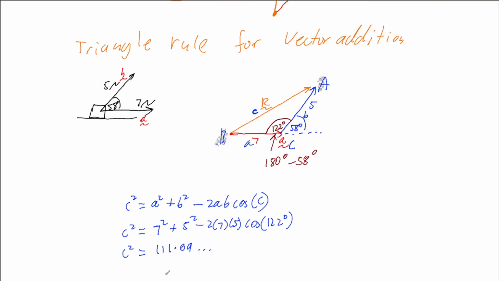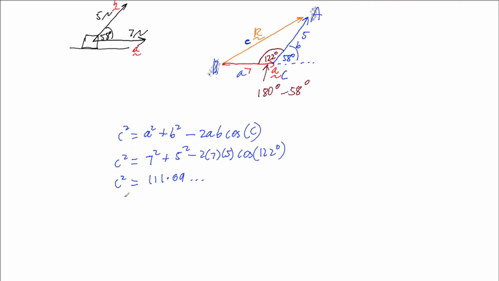If we then square root that, we get C, which is the square root of 111.09. Then C will give us a force of 10.54 newtons. I just need to know what direction that is pointing in, because I've only got the magnitude so far. A force is a vector.